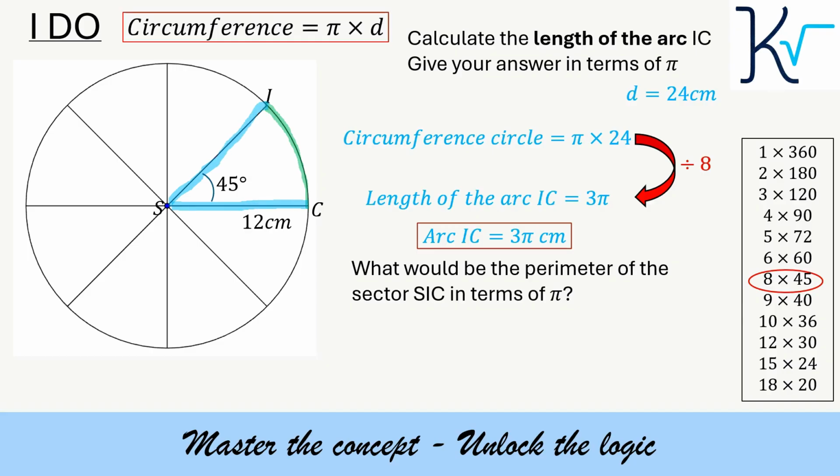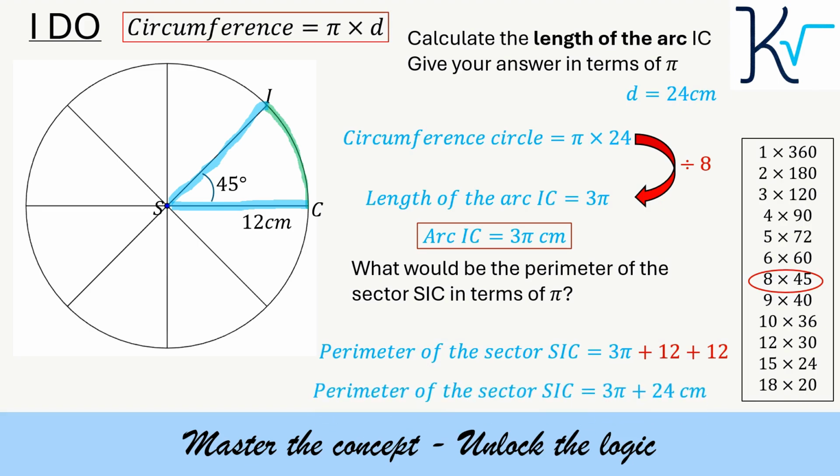We would only need to add 2 radii to 3 pi to get the perimeter of the sector SIC as follows. And we'd get 3 pi plus 24. Watch out not to collect the lots of pi and the constant 24, as they are considered unlike terms. We'd simply keep 3 pi plus 24.